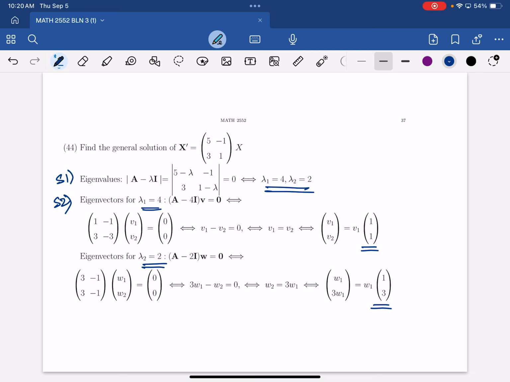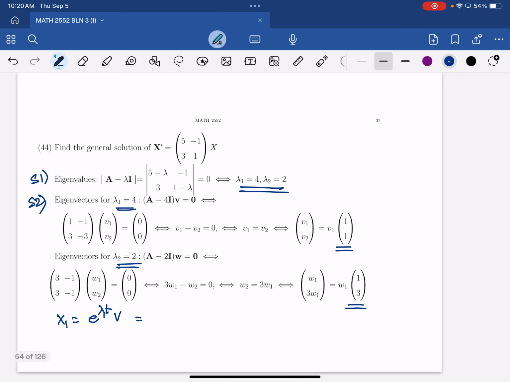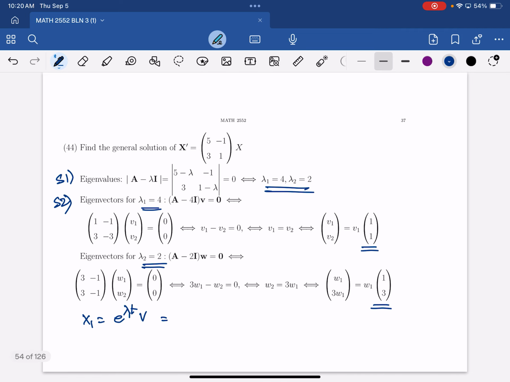So now you see x1 is going to be e to the lambda 1 t times v. For me, it is going to be e to the 4t times (1, 1). x2 is going to be e to the lambda 2 t times w, so that's e to the 2t times (1, 3).